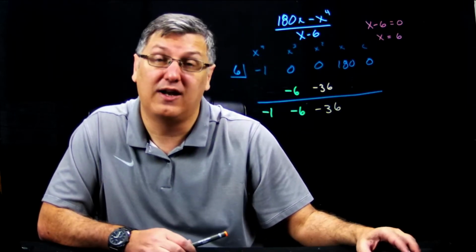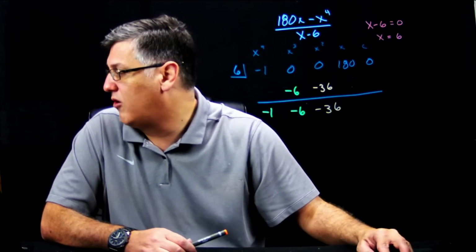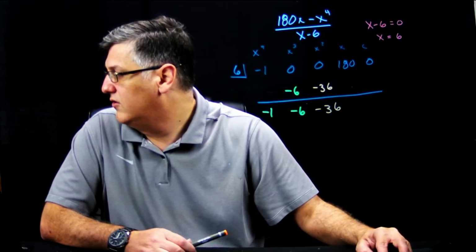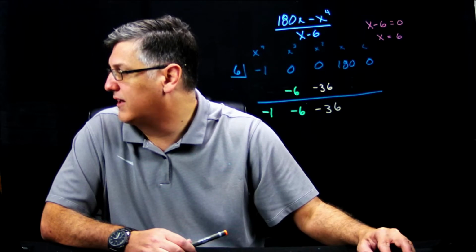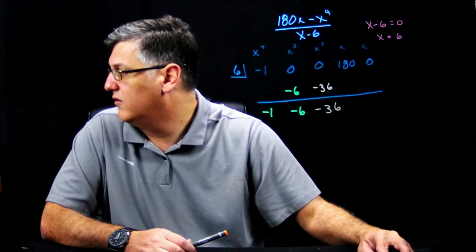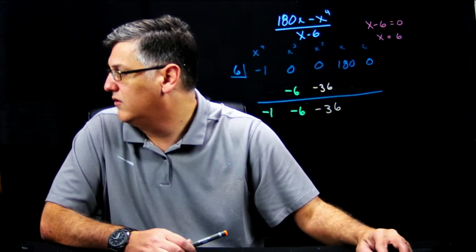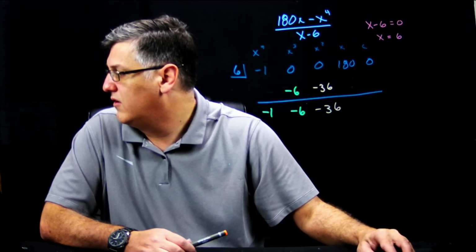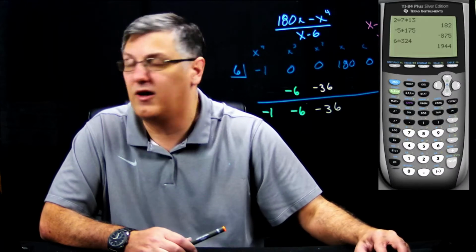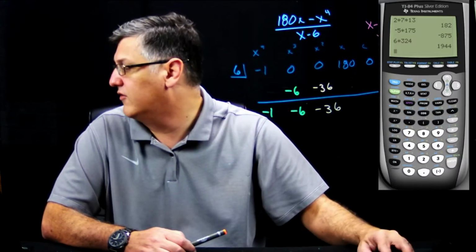I'm not going to mess with that. I'm just going to throw it in a calculator to make sure I don't get it wrong. So let me pull up my calculator here. Here is my calculator. Voila, and I'm doing 6 times -36.